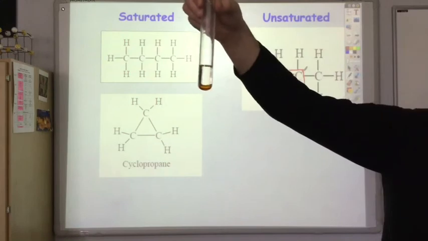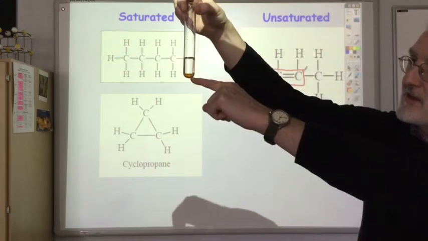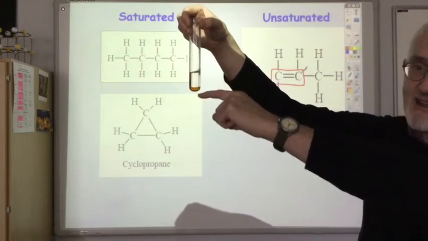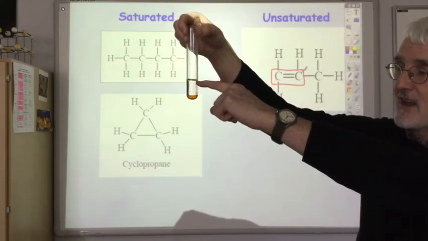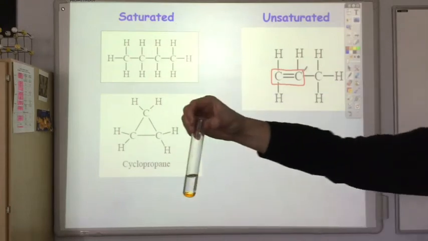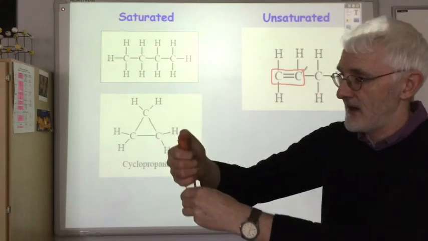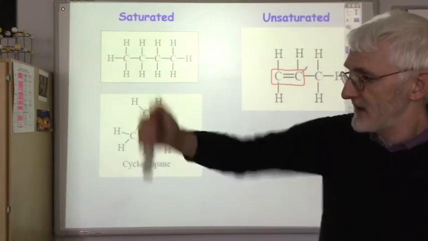Okay, so there's the hydrocarbon and there's the bromine water. They don't mix together very well because the organic and the aqueous bromine water don't mix together. So I have to give it a good shake to get them to mix together.